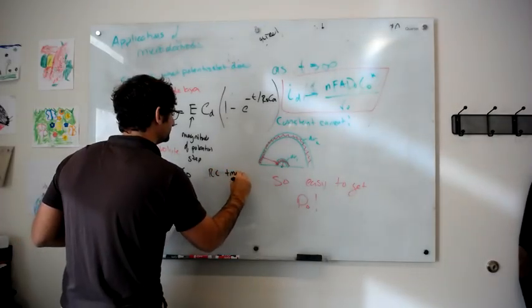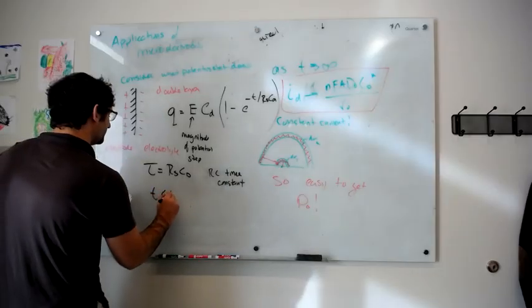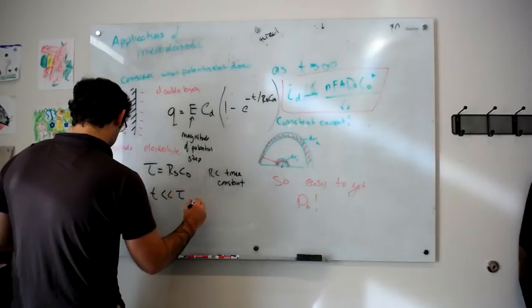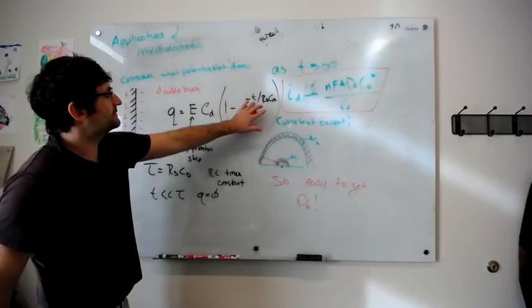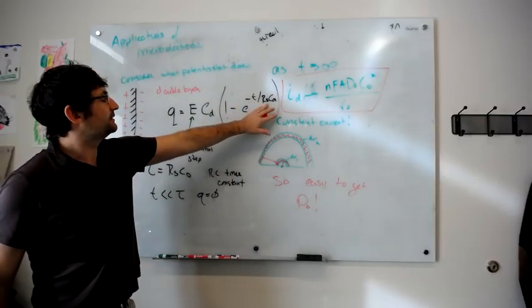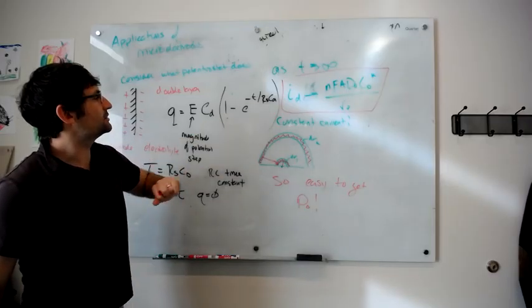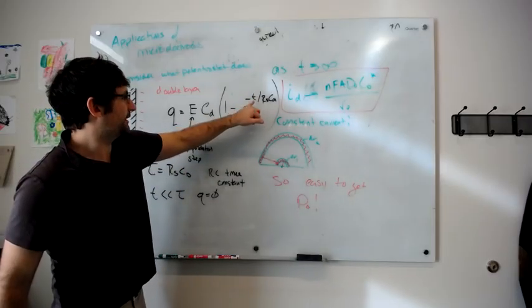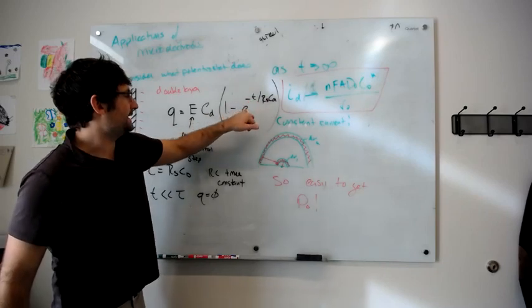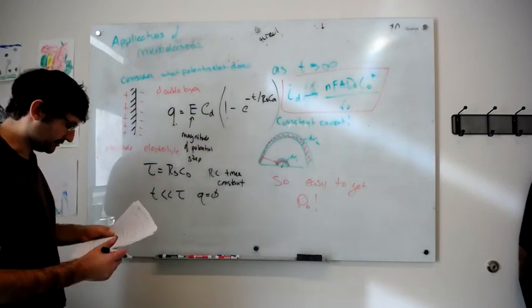RC time constant, we typically call this. So if t is much, much smaller than tau, Q equals 0, right? This term goes to 0, t is very small, and e to the 0 is 1. 1 minus 1 is 0, so no charge on the electrode.